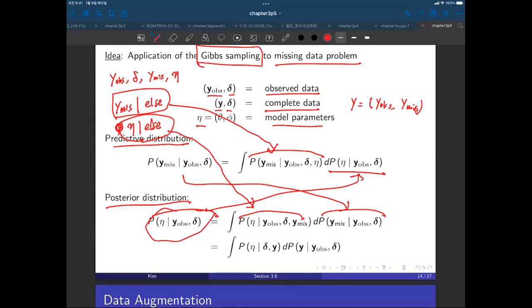And then the theory of Gibbs sampling basically says that at the end of the day, you generate a joint simulation of Y miss and eta. That is the Gibbs sampling, right? It perfectly matches the missing data problem, because you don't have to worry about this one, since you use the previous chain to generate.